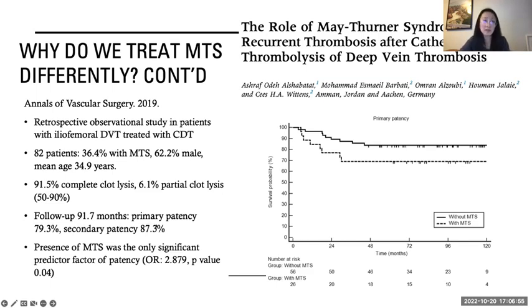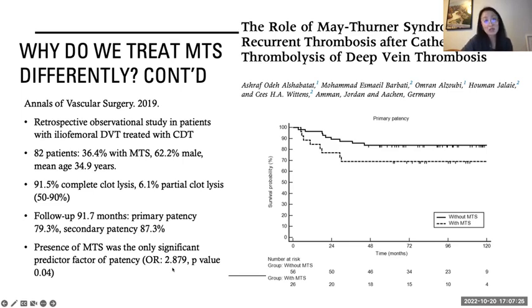And we can see here a chart looking at primary patency in patients without MTS, that's this upper line here, and with MTS, that's this line here. We can see that the primary patency is significantly lower for those who do have MTS. In their assessment, they looked at age, sex, provoking factors, and different predictors of patency with time.